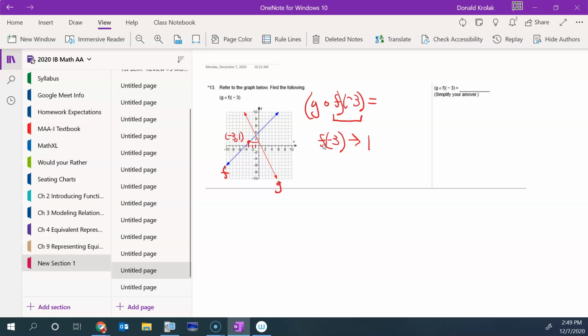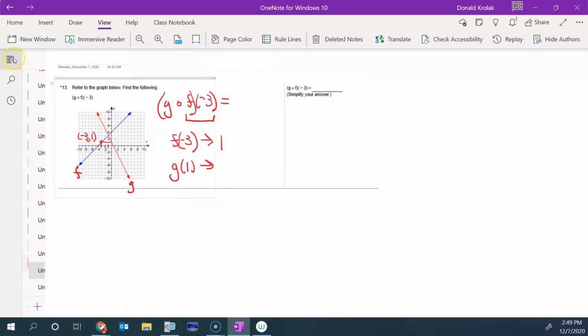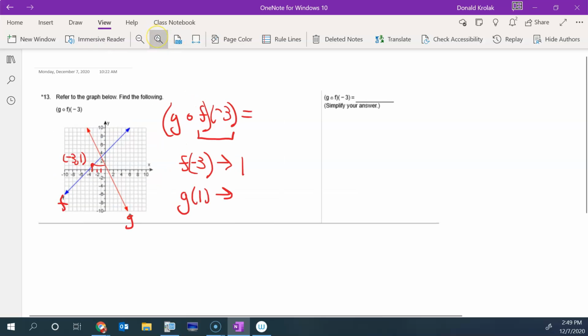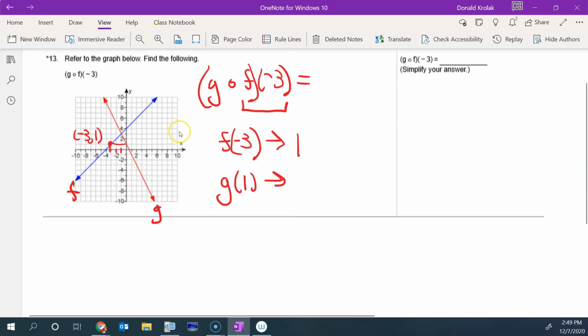So I get a 1. Now I take that 1 and I put it into g. So g is the red graph. So I'm going to go to 1 and find out what y coordinate belongs to that. So here's 1, and then I'm going down till I hit g, and that's the point (1, -1). So that is my solution, negative 1.